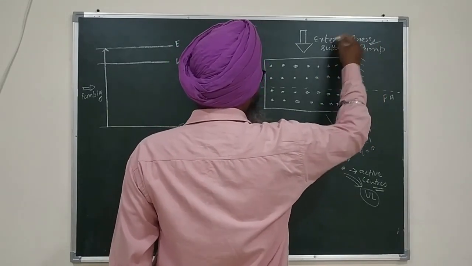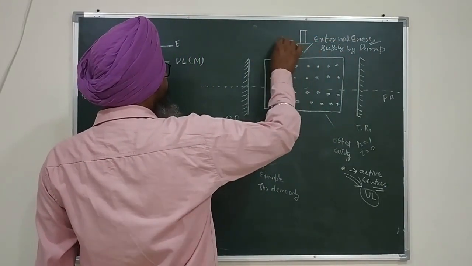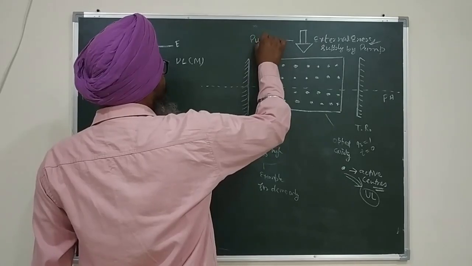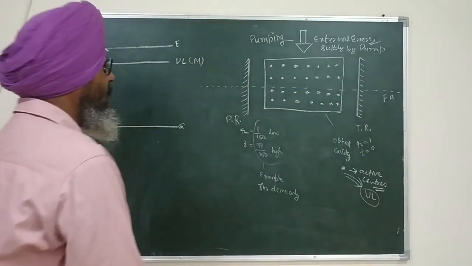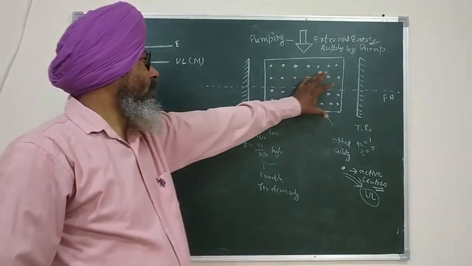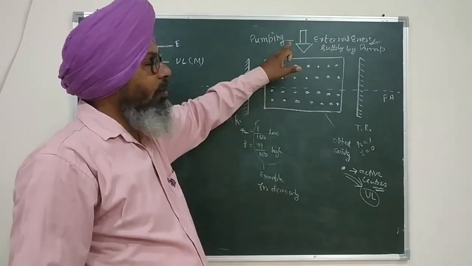Or rather, instead of writing this big sentence, you can simply say that this double arrow is representing an important process which we have already discussed, and this process is called pumping. So all these dots, which are the active centers, are actually active centers because of this.